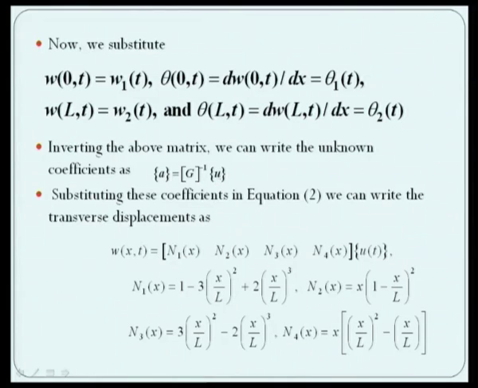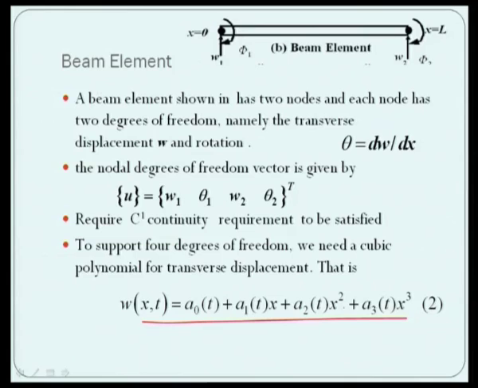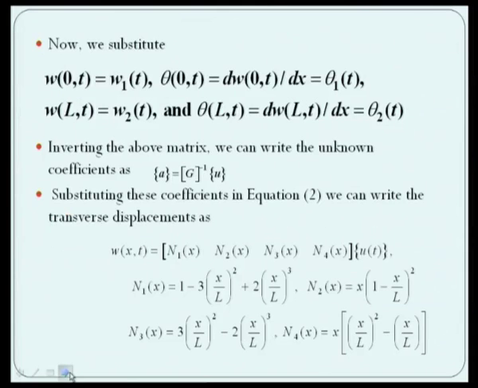And when we substitute this back into our original equation, we can write W equal to n1, n2, n3, n4 times u. So, ni into ui, that is the standard form for all finite element formulation, and we get the following shape functions. A lot of mathematics has to be done, it is just a matrix inversion. Once you do that, we get this.